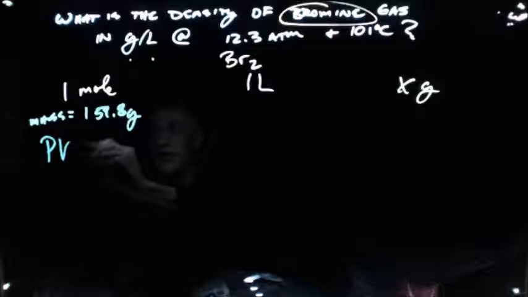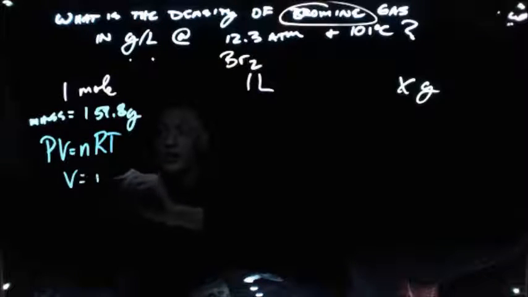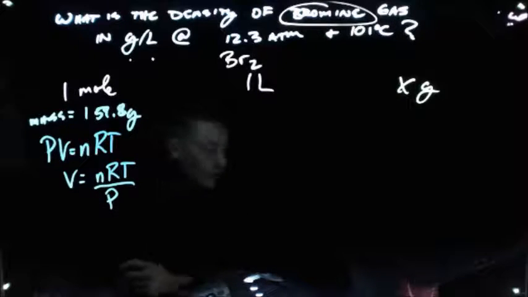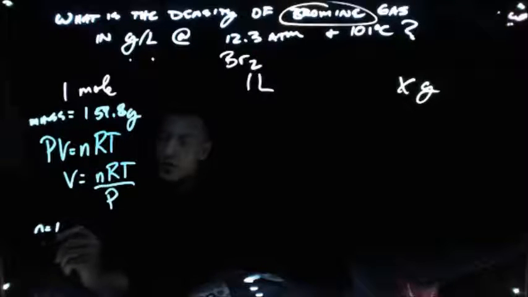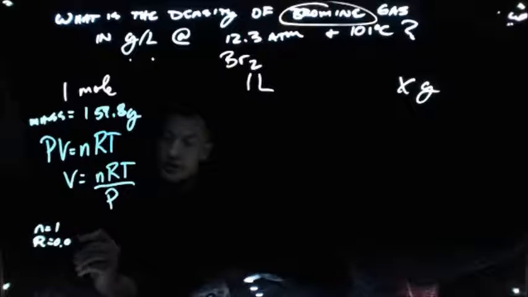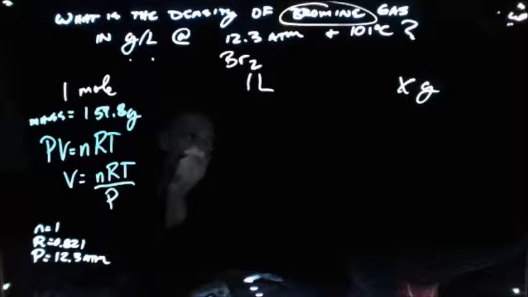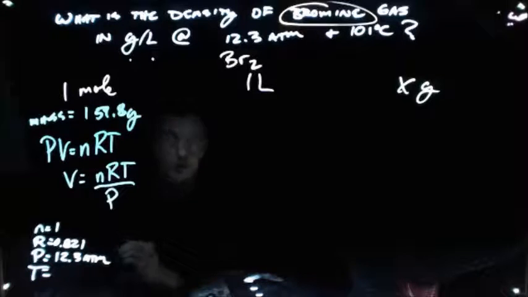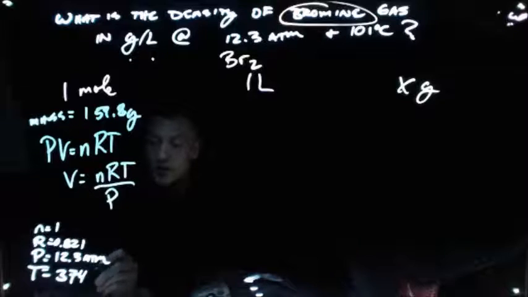PV equals nRT, rearranged, so volume equals nRT over P. n is 1, R is always 0.0821, pressure is 12.3 atm, and we need 101 degrees Celsius converted to Kelvin, so temperature is 101 plus 273, which is 374 Kelvin.